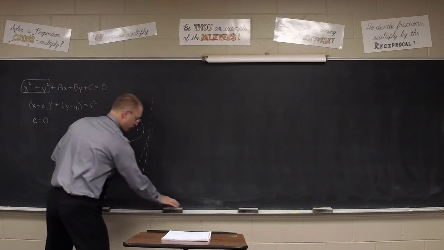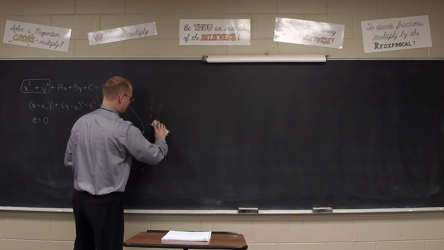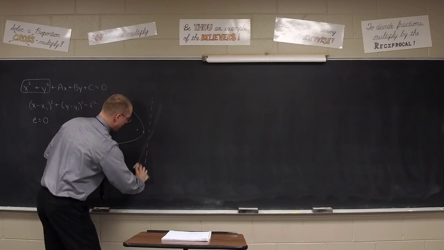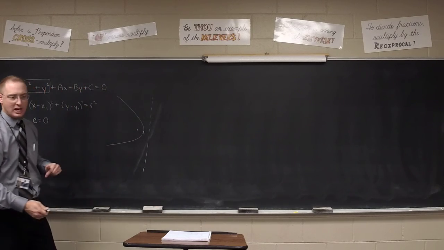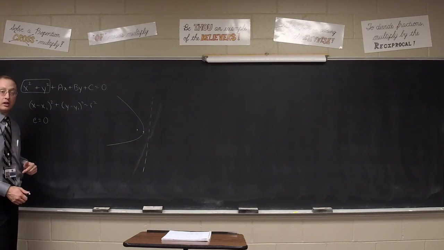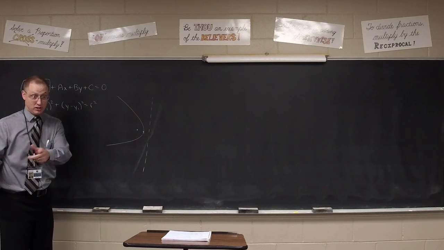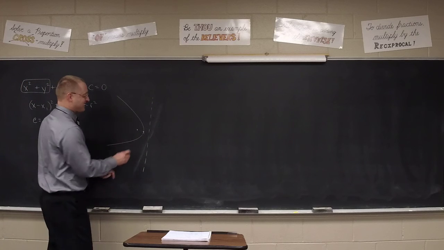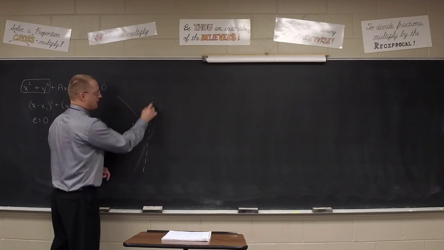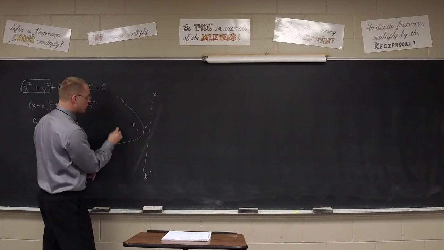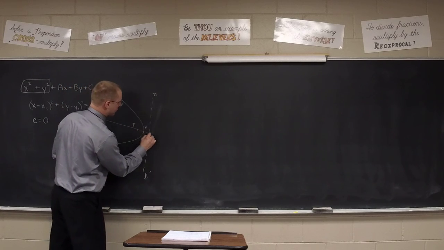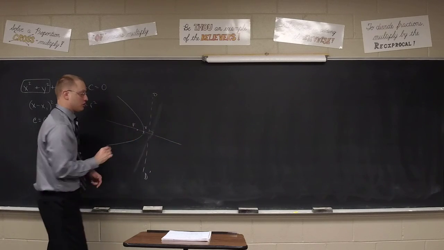So ignore the initial drawing. This point where the parabola changes direction is called, class, the vertex, and that is a matching term from physics. So we have our focus, we have our vertex, we have our directrix, and if I were to draw a line through the focus, through the vertex, it would be perpendicular to the directrix.